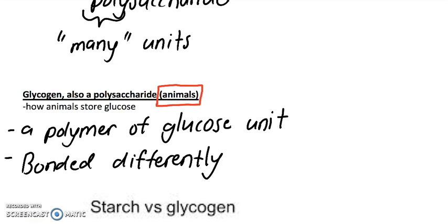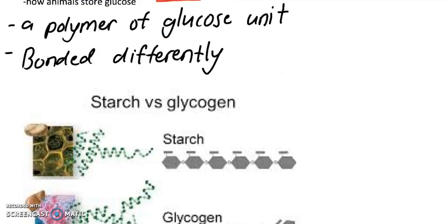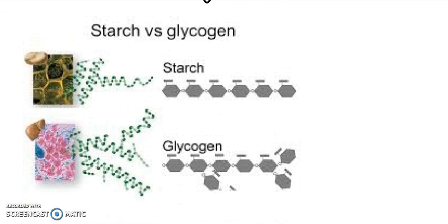So here is a diagram. Remember, starch is a storage form for plants. And then for humans, we just call it glycogen, and other animals also. But same glucoses that make up these structures.